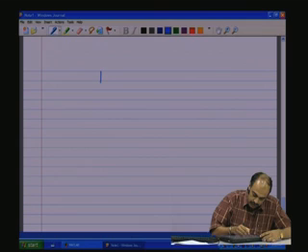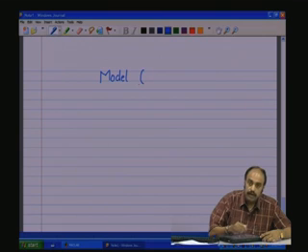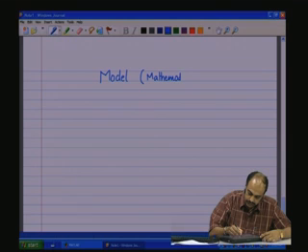So, now we have the model. The model is in the form of a mathematical equation, which is in our case the state equation.